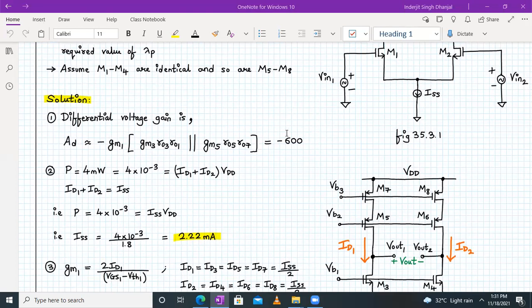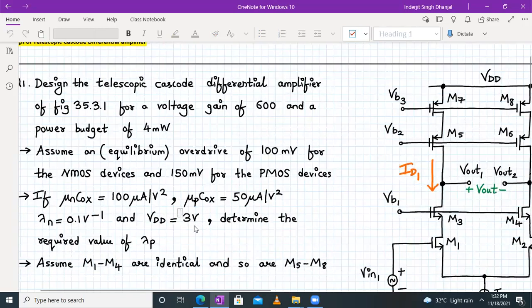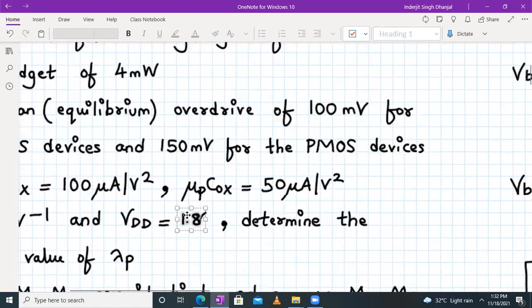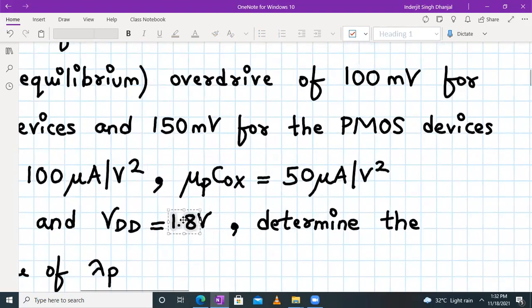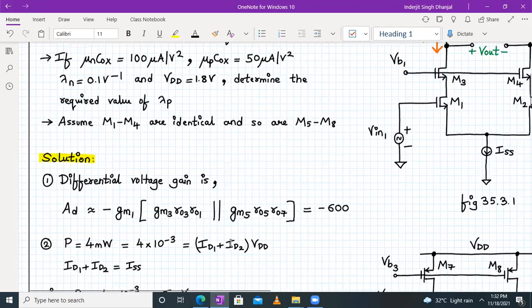Yeah, basically the supply voltage is 1.8, not 3 volt. So let me correct that information now. VDD is given as 1.8 volts. Sorry for that. Let me remove this 3 and put 1.8 over here. VDD is 1.8, please note that. Don't get confused further.